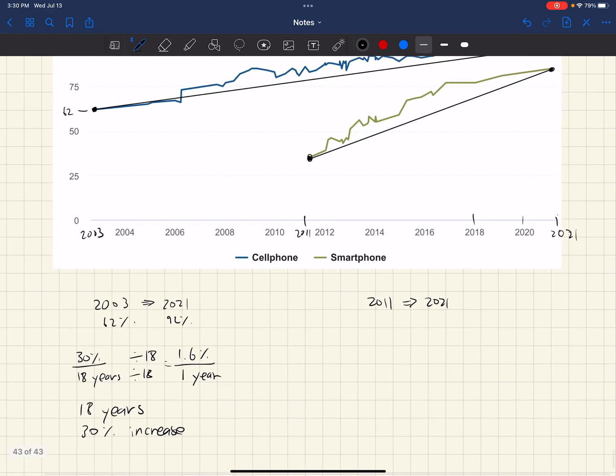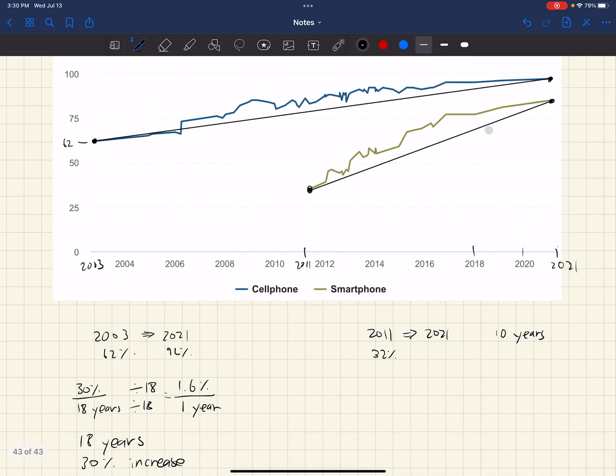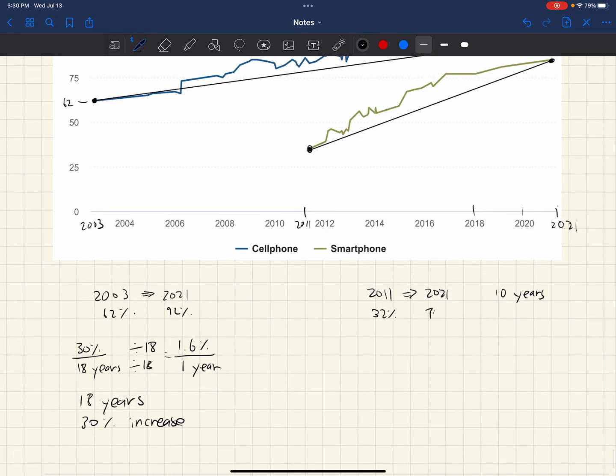So that's about a 10-year difference, right? 10 years has passed, and that's about 32%. So about 32% had cell phones, or smartphones, and then this is about 70%.